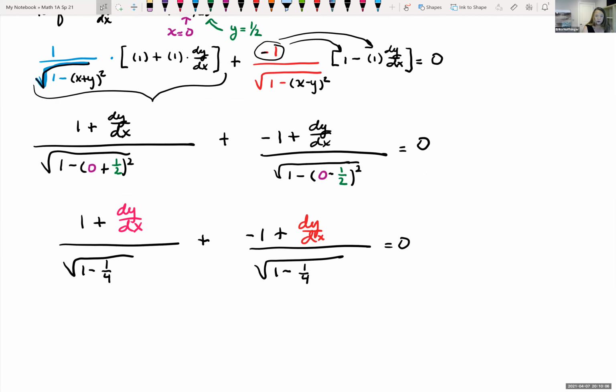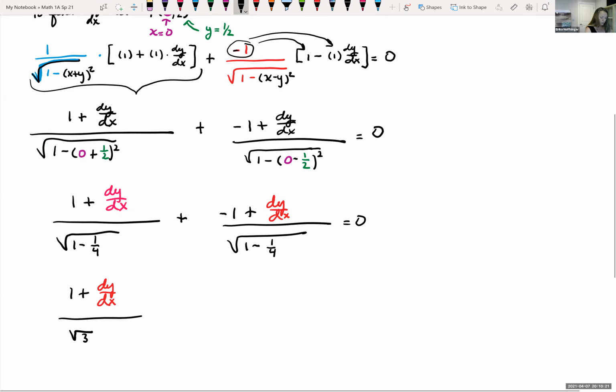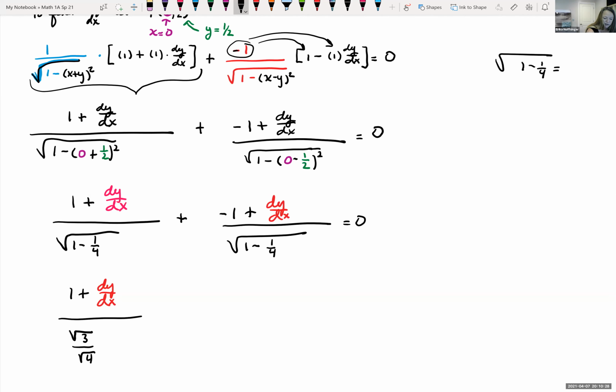Plus this -1 plus dy dx, which we're going to be trying to get by itself in a minute, all over the square root of 1 minus, again, here I have -1/2, but that is quantity squared, so that's going to give me a positive 1/4. Well, I know 1 minus 1/4 is 3/4. And so this gives me 1 plus dy dx all over the square root of 3/4. But that's the same thing as the square root of 3 all over the square root of 4. You can even take that a little further, right?